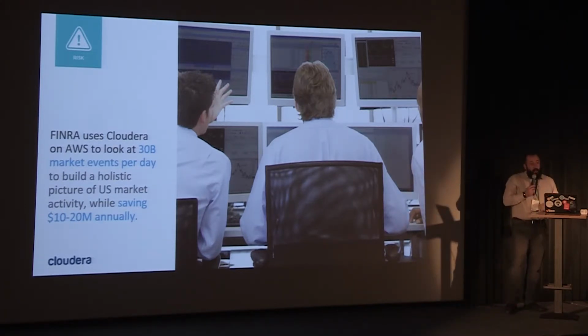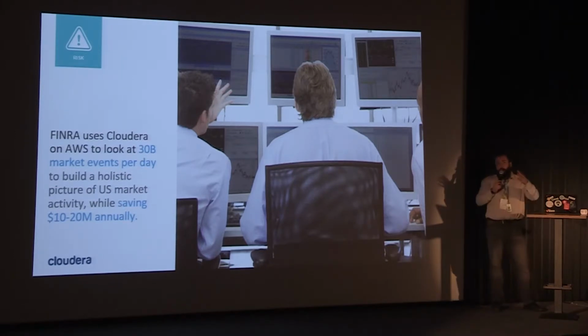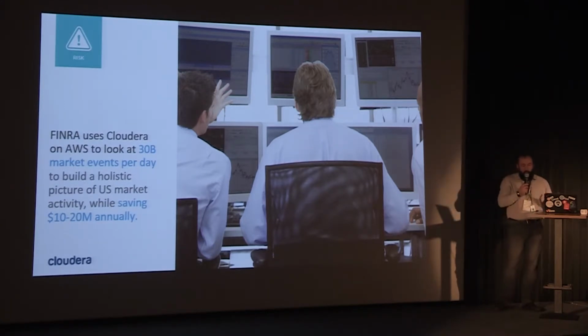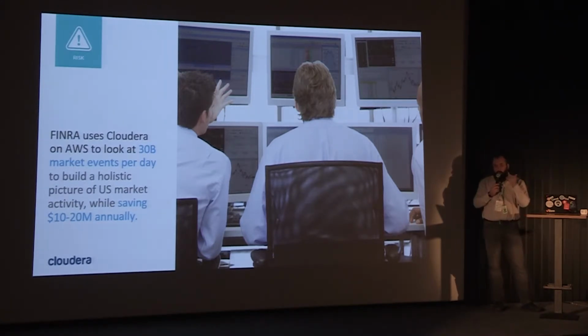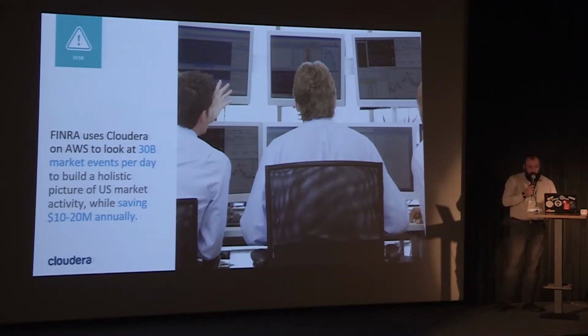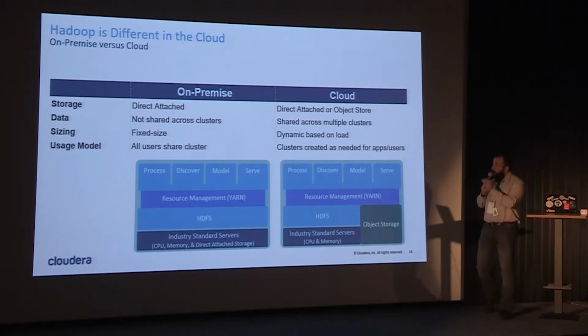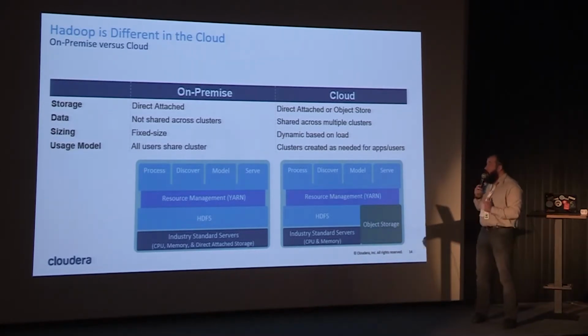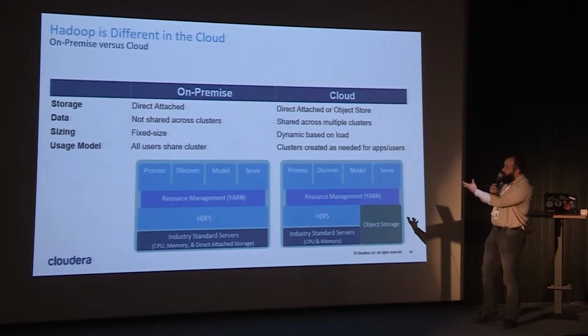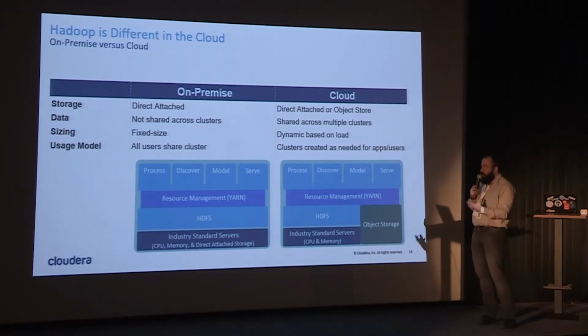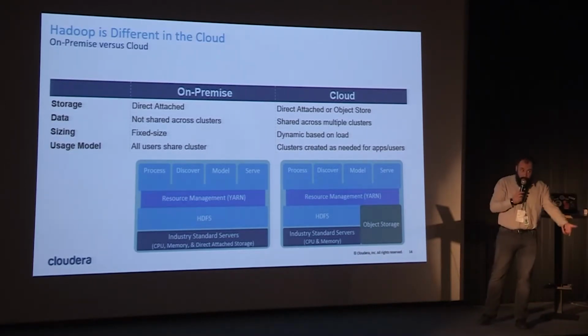Okay, so now we know what Hadoop is. We know why we would like to use it not on the bare metal hardware, not on the commodity hardware, but on the cloud instead. But we should also consider how the two solutions differ from each other. Hadoop is different in the cloud because on-premise we have, of course, direct attached storage because we store the data on the disk.